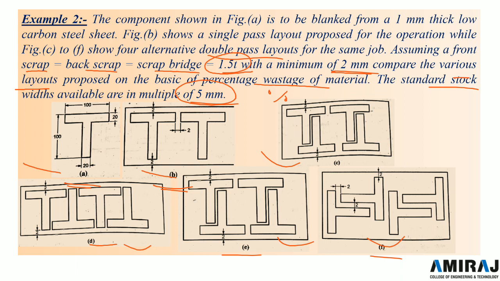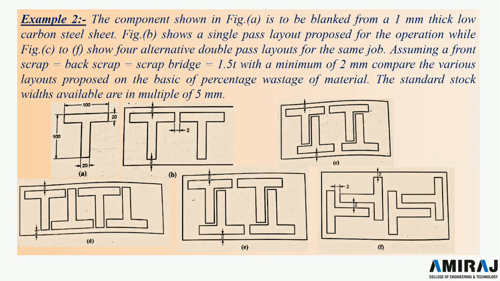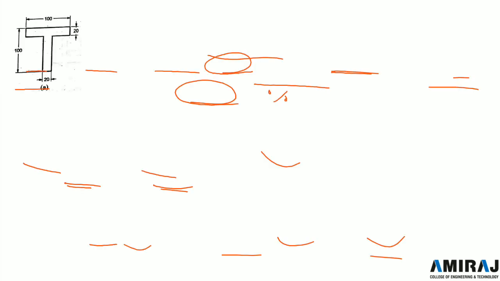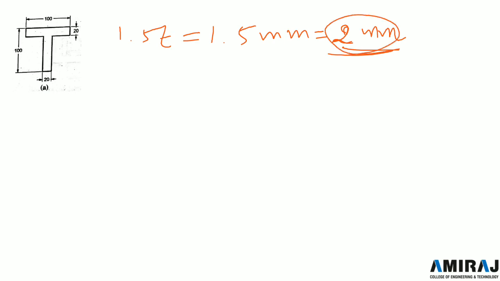So let us start. First of all, for the single pass layout, here is the object. We have to take the front scrap, back scrap and scrap bridge equal to 1.5 times the thickness, and thickness is 1 mm, so 1.5 mm. But here for ease of calculation we will take the minimum value of 2 mm, as given in the example.